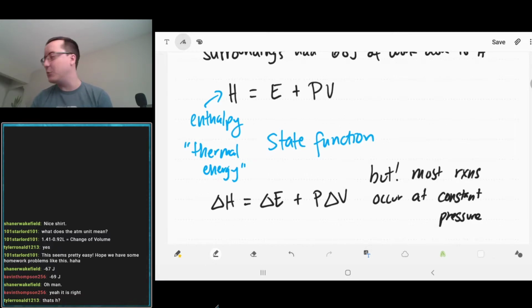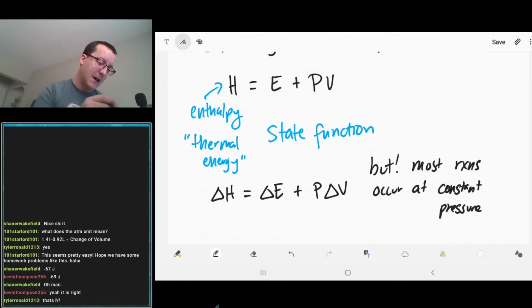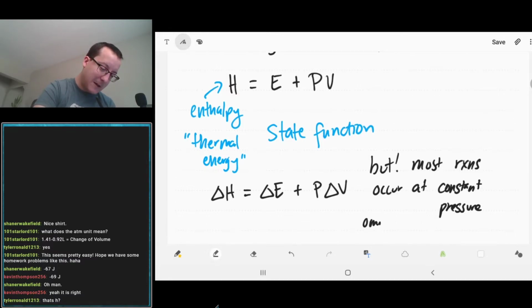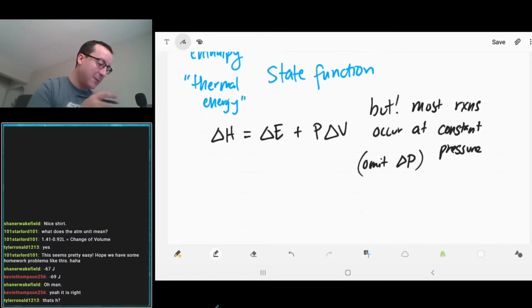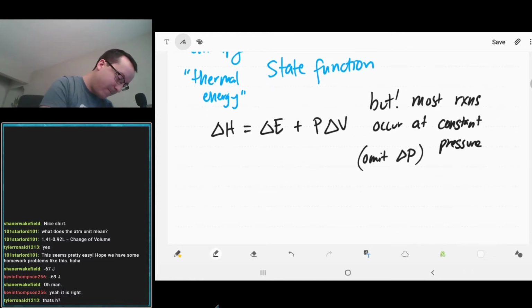We're not going out to space doing these, or doing them in bombs or something. So since most reactions occur at constant pressure, we omit a delta with P. We just say pressure because it's not changing, typically. And so we can sub some other things in here.